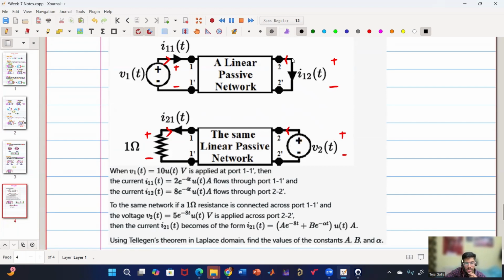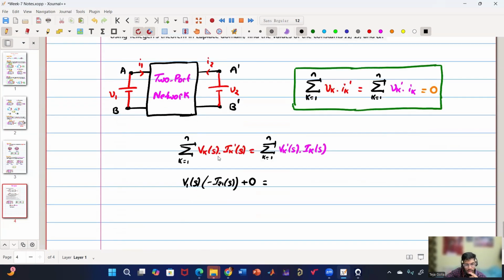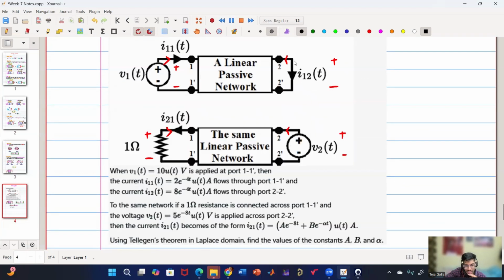If it is shorted, what is the voltage? Zero. First of all, the theorem says voltage of the first network multiplied by the current of the second network. So voltage of the first network is 0 and current is, here there is some current, right? Yes, sir. Which they have not given because this is 0 directly.